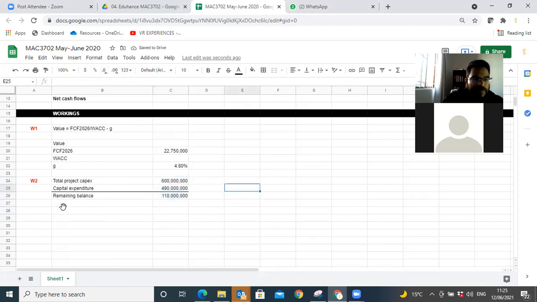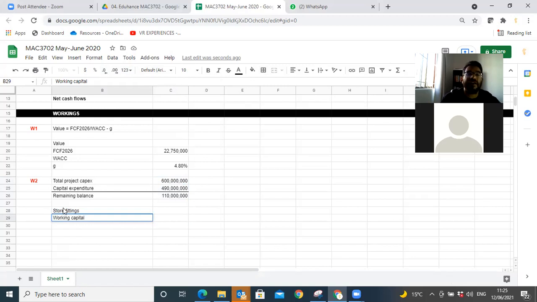Now we know we must split between store fittings and working capital. They said working capital is 50% of store fittings.